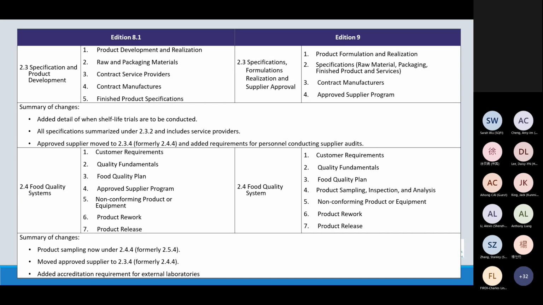And again, this is just a movement of approved supplier to 2.3.4 from 2.4.4. But we've added the accreditation requirements in 2.4 for external laboratories. They need to be accredited now to ISO 17025 as per the food safety plan.